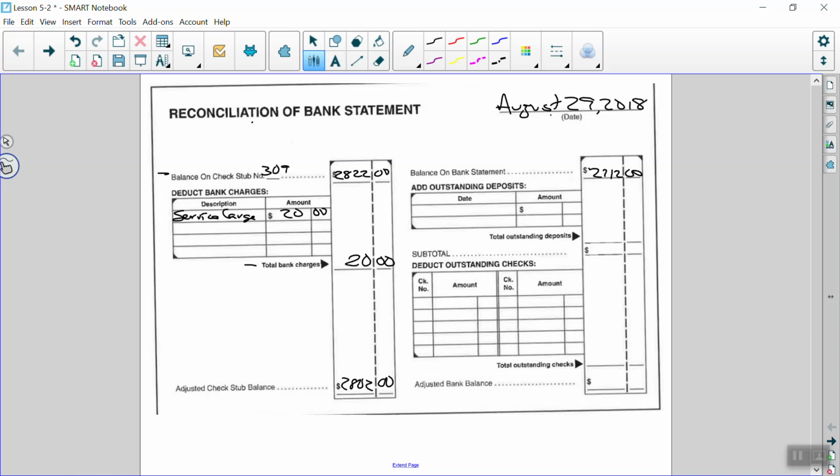Then I look for any outstanding deposits. Any deposit that's in my checkbook that I did not put a check next to it. So in this case, I think we had one, right? Yeah, $300. So I'll put 300, and I put the date of the deposit. So this guy, I think was 8/28/18.